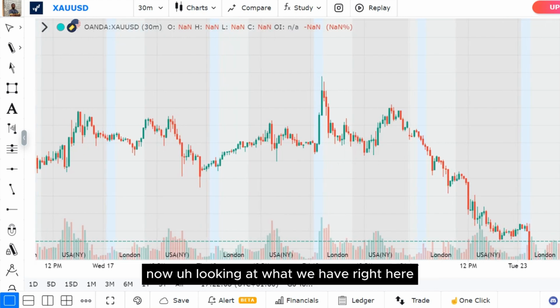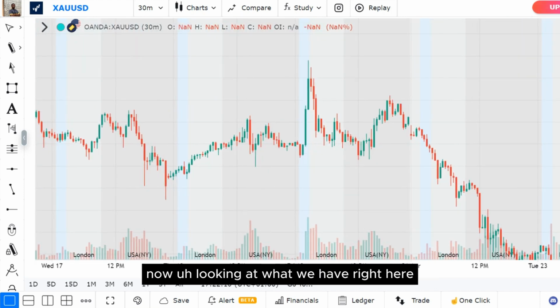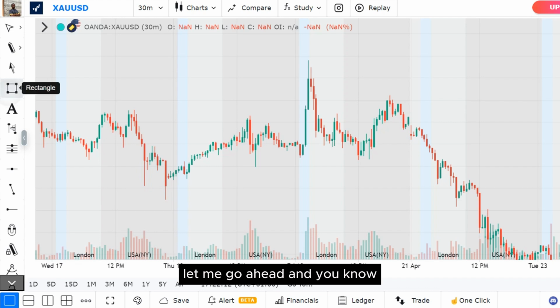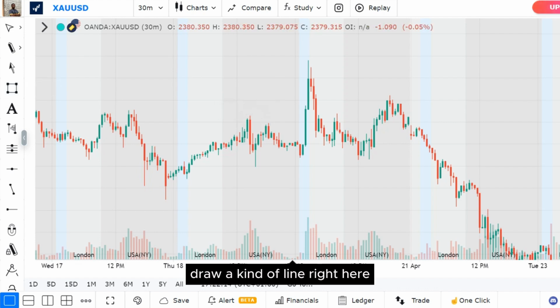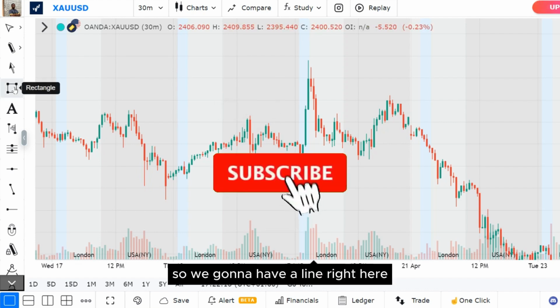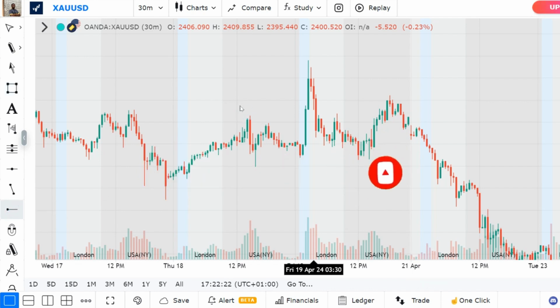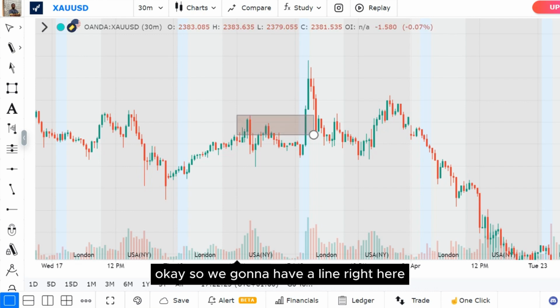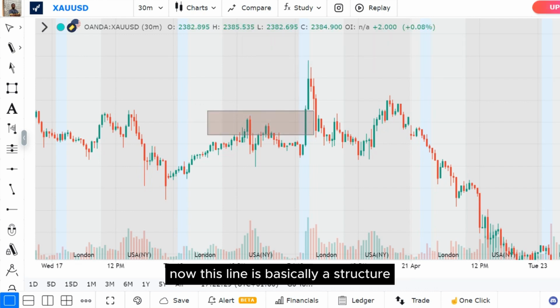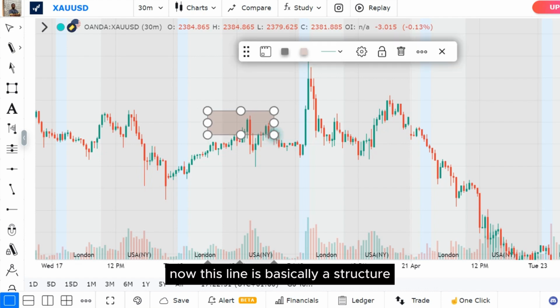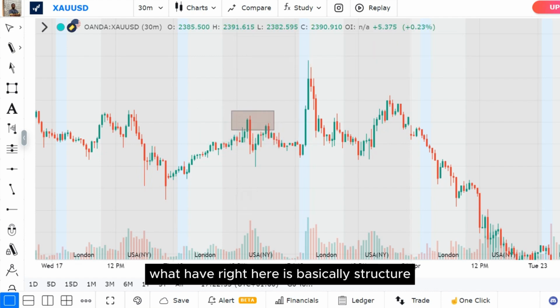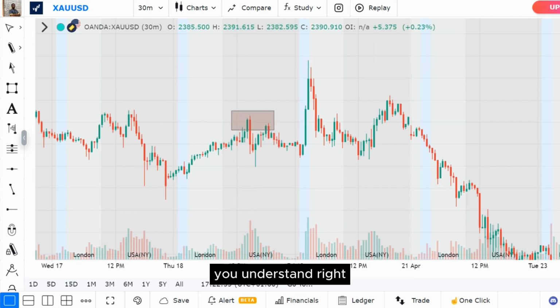Now, looking at what we have right here, let me go ahead and draw a kind of line right here. So we're going to have a line right here. Now, this line is basically a structure. What I have right here is basically a structure. You understand, right?